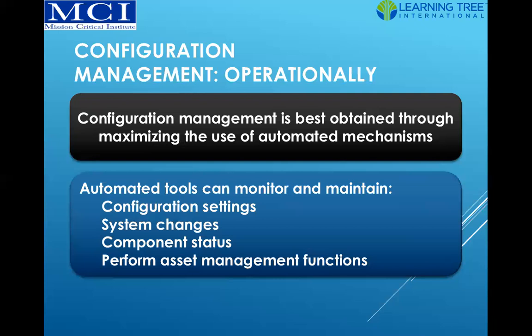Configuration management is best obtained through maximizing the use of automated mechanisms. There are plenty of them out there, too many to go through, but there's even automated mechanisms that push out an entire gold standard build for a system.